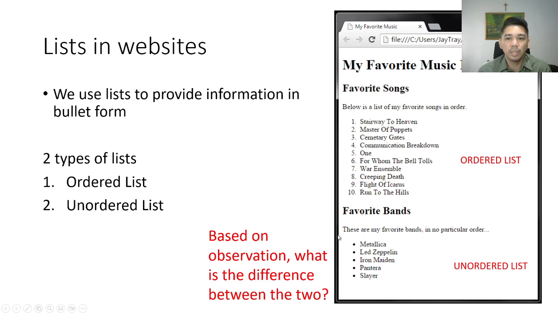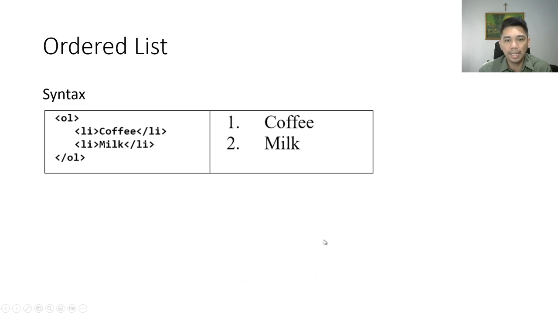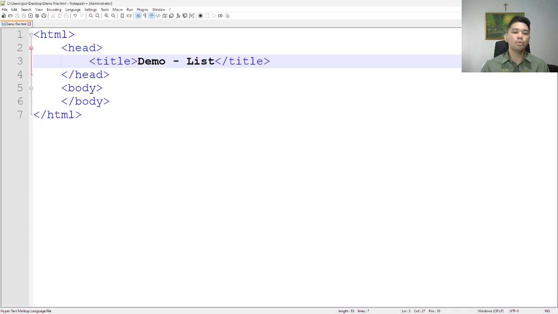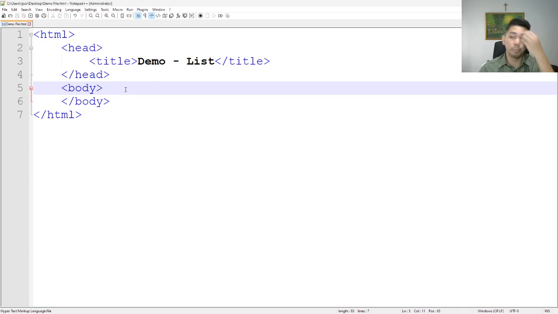So how can we create an ordered list? Let me show you the syntax. Ito ang syntax natin. If we write this as an HTML code, ganito yung magiging output niya sa web. So let me show you an actual example. Gawin natin ito talaga. So how should we do this? Let's pull out our Notepad++.